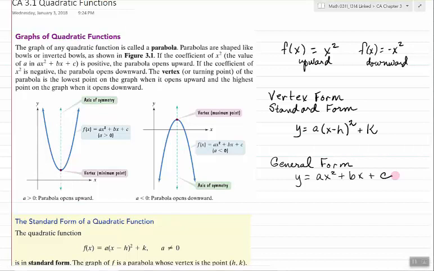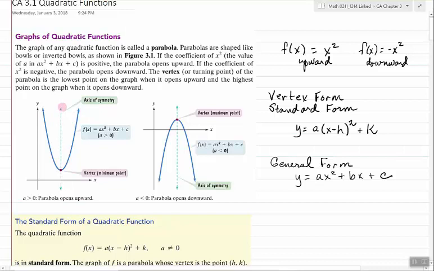The thing that they do have in common, though, is that they both have a, and if a is positive, it opens upward. If a is negative, it opens downward. So let's take a look at these. Here's general form, a is greater than 0, which is saying it's positive, it opens upward.